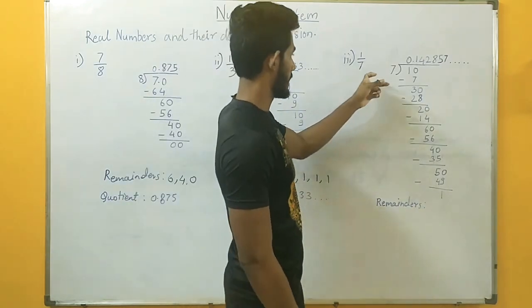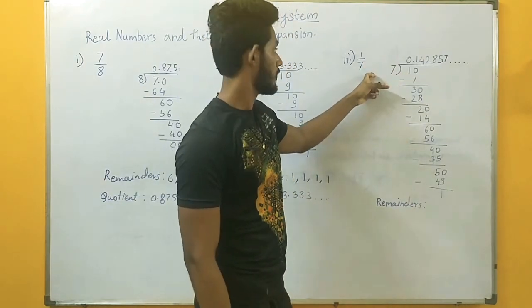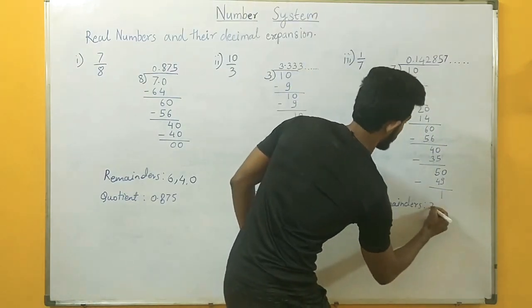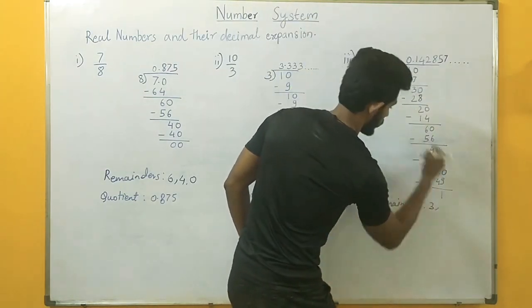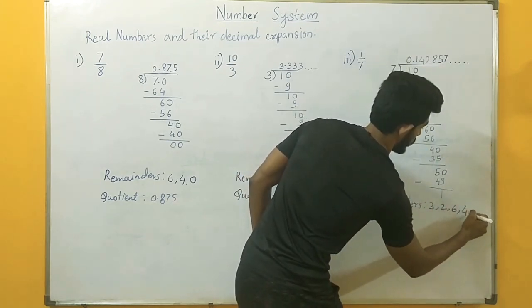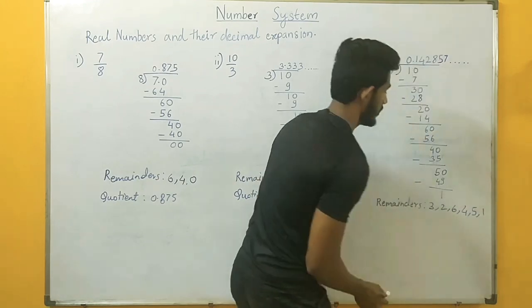Now in this case 1 upon 7, when we divide 1 by 7, I am getting remainder as 3, then 2, then 6, then 4, then 5, then 1.